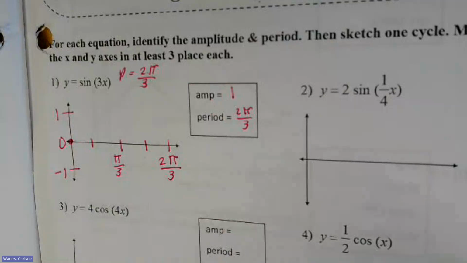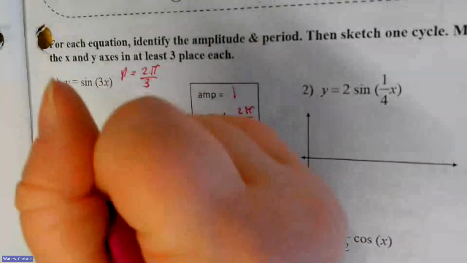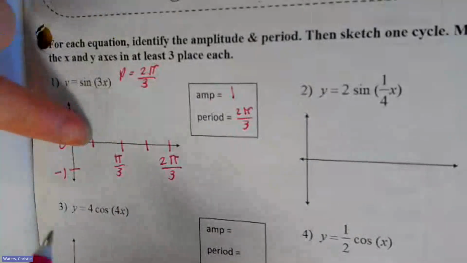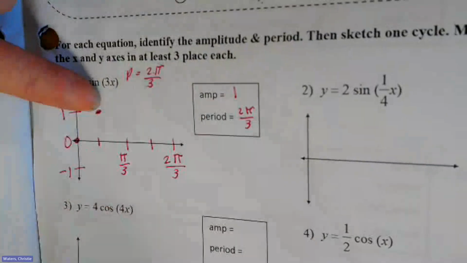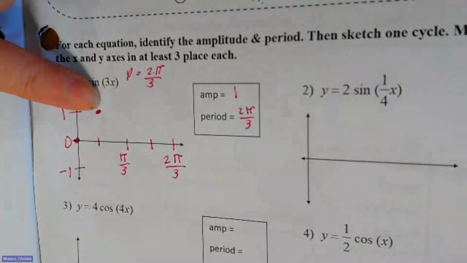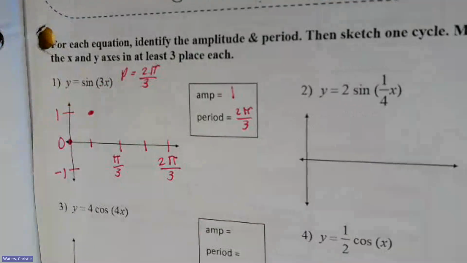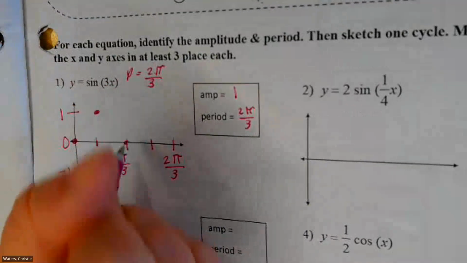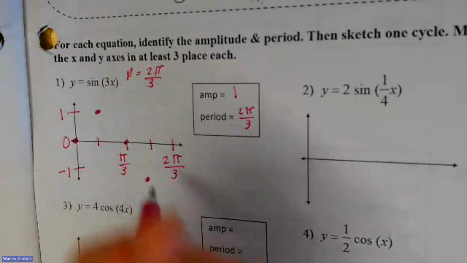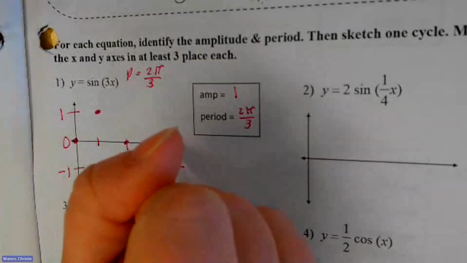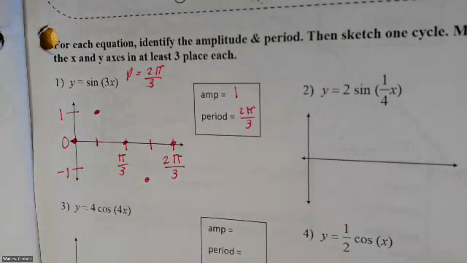Then it says pi over 2, 1. But what that means, in this context, is we're going to go over to the first mark I made, and that's where our max is going to go. Then the next point is at 0. Next is at -1. And then back to 0.